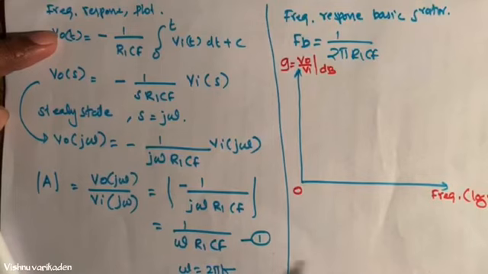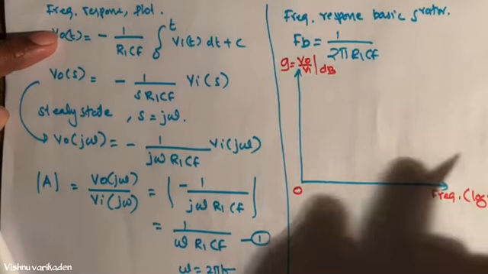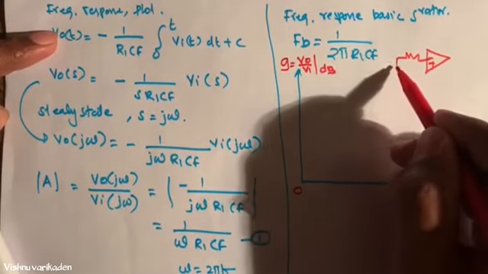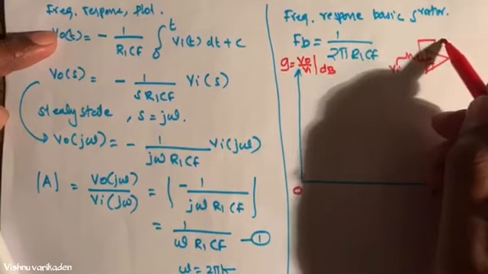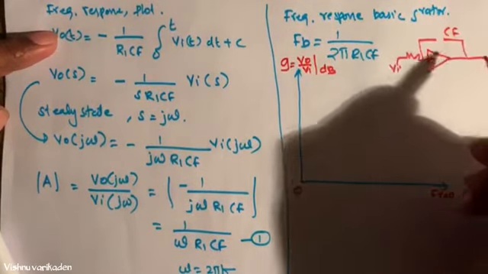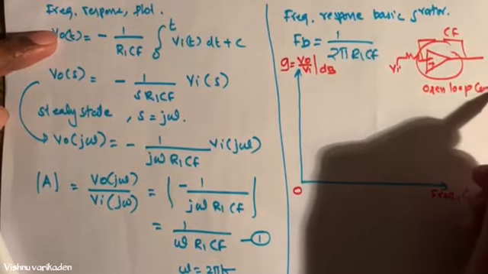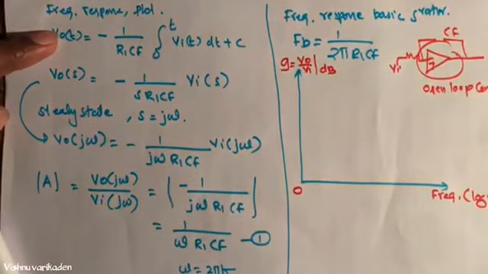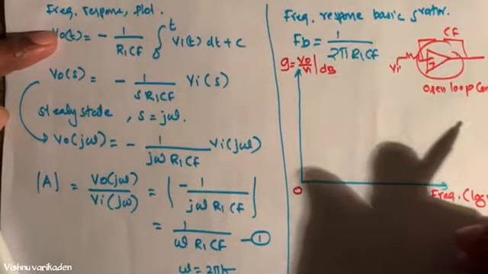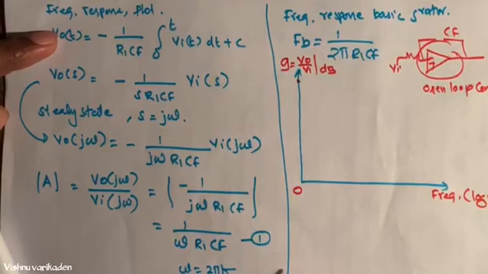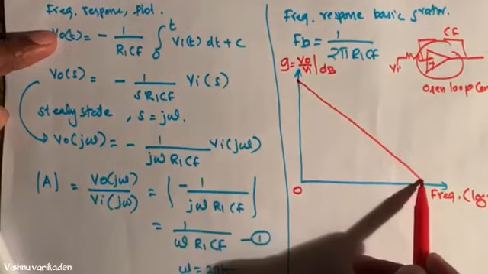So it acts like an open circuit, an open loop configuration, with R1 at the input. In open loop configuration the gain is very high, theoretically infinity. But in the practical condition, there is a finite value, which is this value.